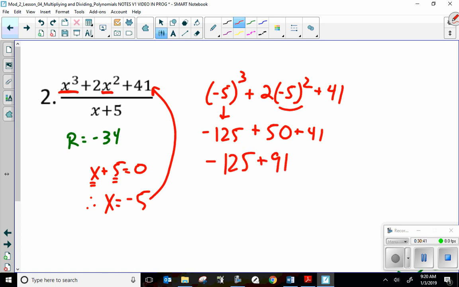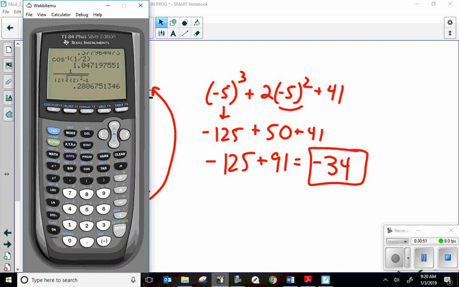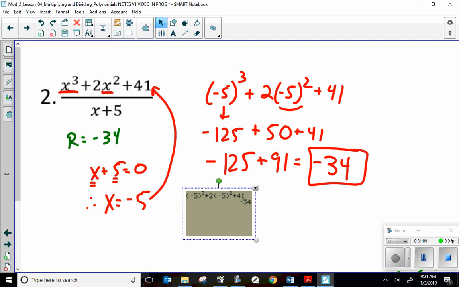If I subtract those, I get negative 34. That works out. That's exactly right. I'll check my math in the calculator. Negative 5 cubed, plus 2 times negative 5 squared, plus 41. Negative 34. It works every time, and I love it.